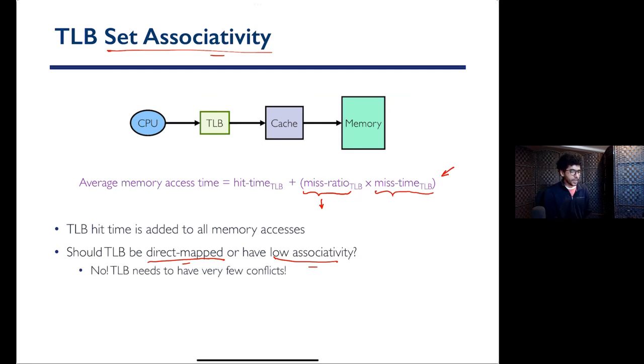If you go with direct map cache, you're going to get a lot of conflict misses, because obviously each one of them is mapped to a certain cache block. So direct map gives you high conflict misses.